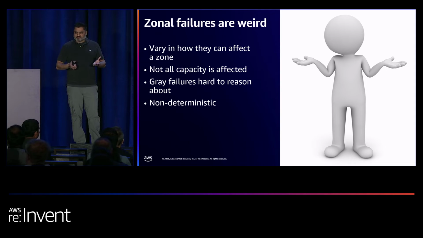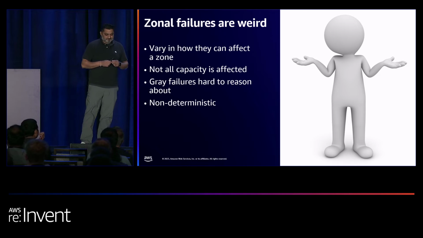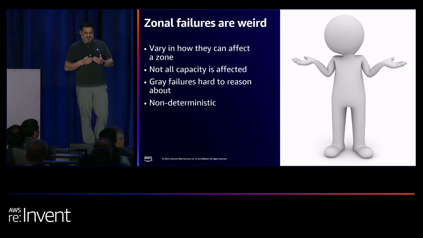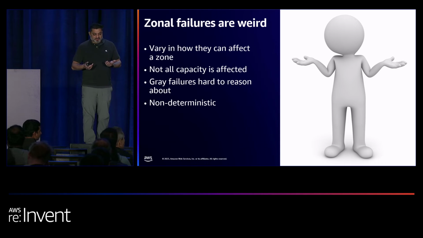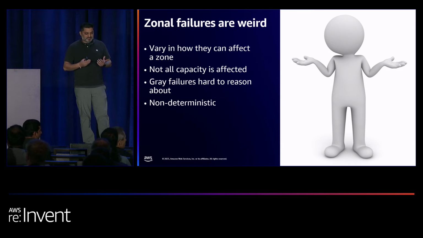This could manifest as increased latencies or reduced throughput, things that don't necessarily mean that it's a complete failure. So there are a lot of different failure modes that may or may not cause impact to a cluster. So we have to reason about this.